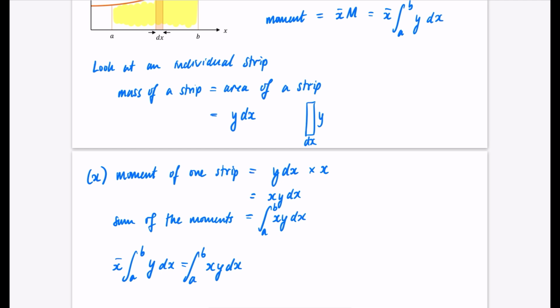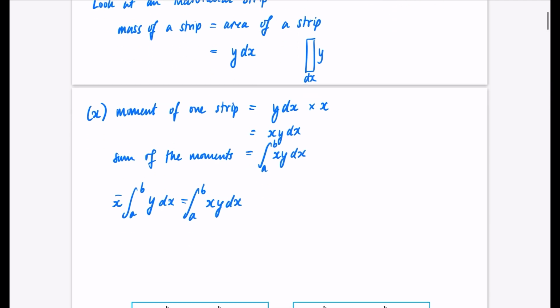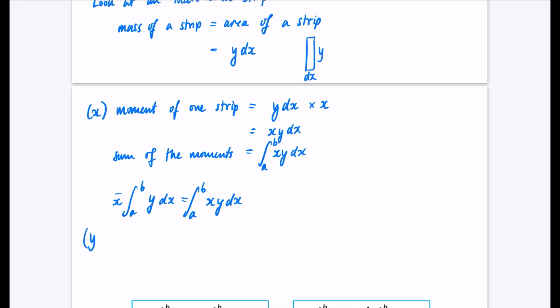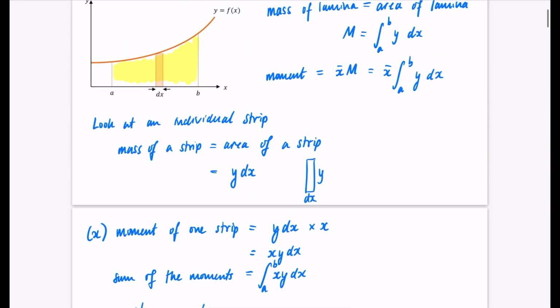Now let's think about the moment of one strip in the y direction. It is still going to be the area, which is y dx, but we need to think about the coordinate of the centre of mass. We said the x coordinate would be x, because as the strip gets really thin it will just be x, but in the y direction the centre of mass is in the middle of the strip.